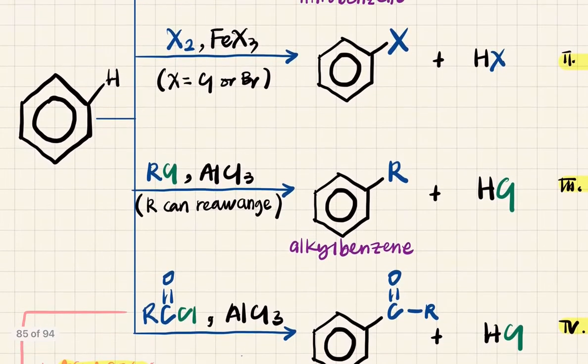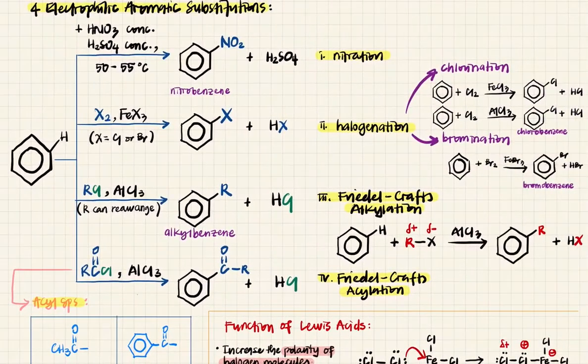And then you have, what is this? Friedel-Crafts alkylation. So Friedel-Crafts alkylation, you will be using an alkyl chloride molecule, react with alkyl chloride, okay, in the presence of Lewis acid. So your R ni depends, it can rearrange. Maksudnya dia akan form a more stable carbocation depending on the structure of awak punya alkyl group lah.